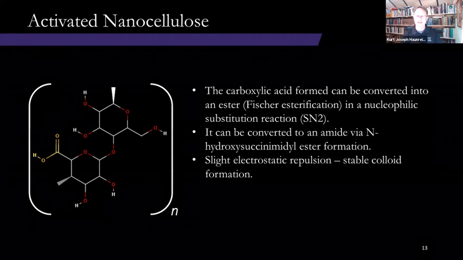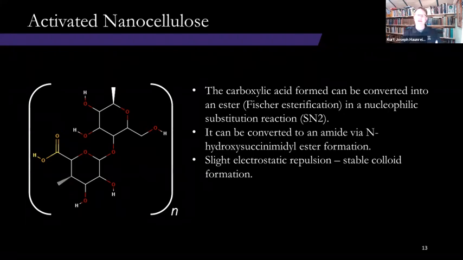It's that wonderful SN2 reaction. Okay, you can convert it to an amide, and one of the most popular compounds for doing this is N-hydroxysuccinimidyl ester formation. So these are all precursors to use in other applications. So now you're changing the anionic cationic nature, you're changing the reactivity.